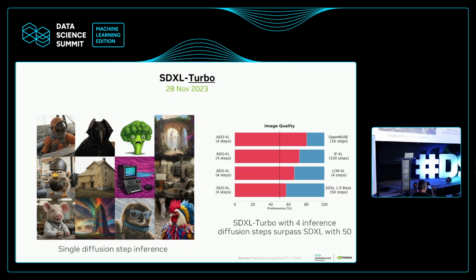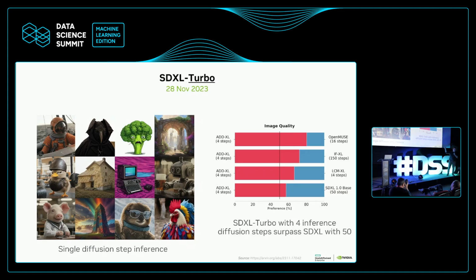On the right-hand side, you can see the evaluation results. These are evaluations coming from the image quality question. And the longer the red bar, the more preferred this model is. On the left-hand side, you have SDXL Turbo. On the right-hand side, you have a bunch of different models from the literature.